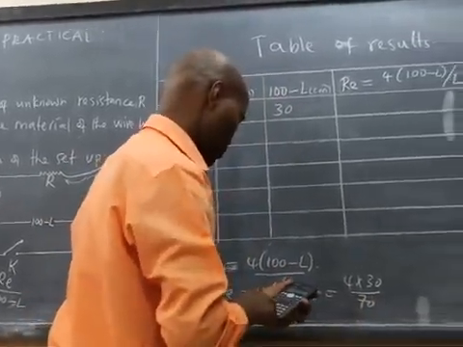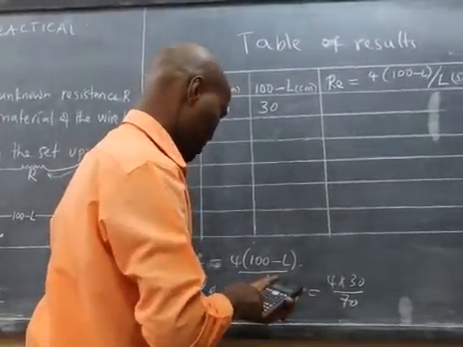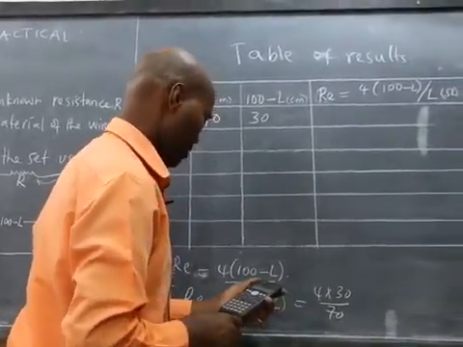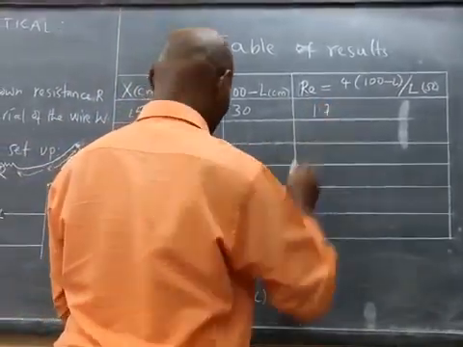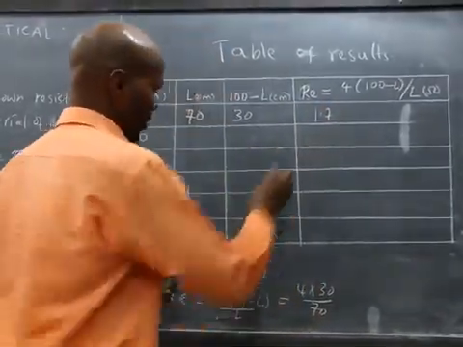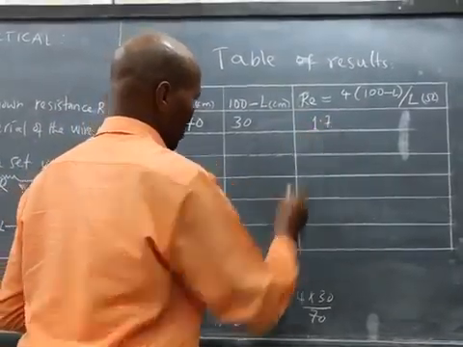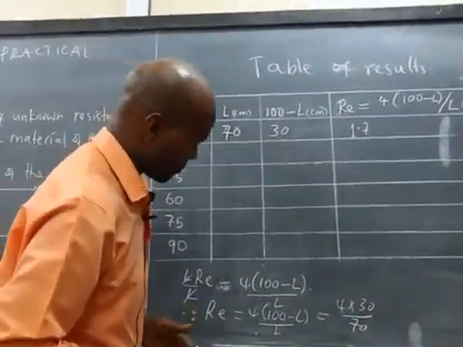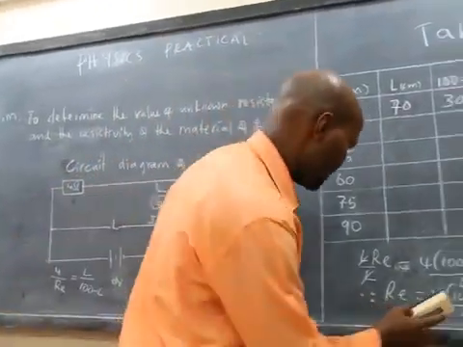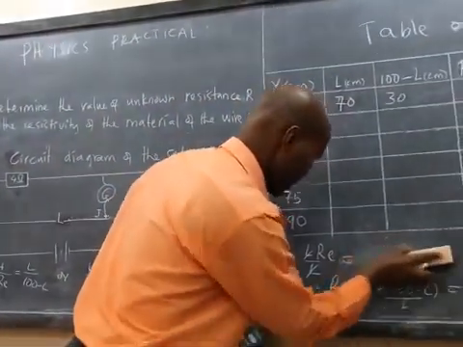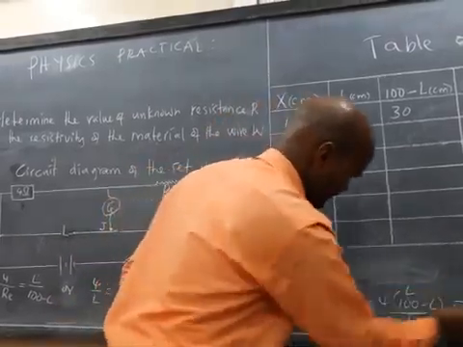So it's now 120 divided by 70, you get 1.7. So this is 1.7 approximated to 1 decimal place, 1.7 ohm. So we'll be using this formula each time to get the value of equivalent resistor.